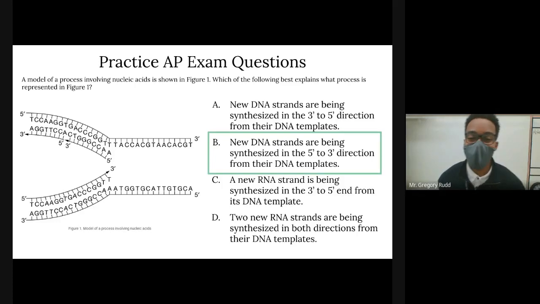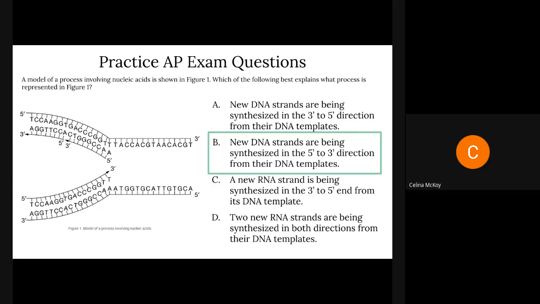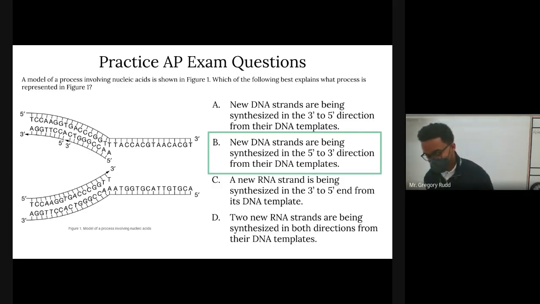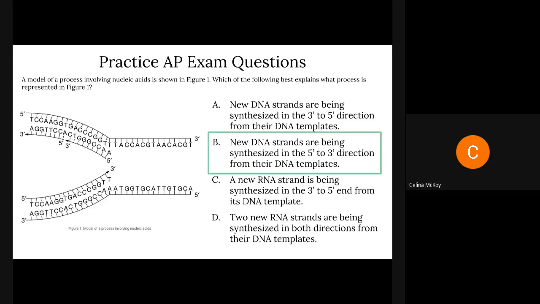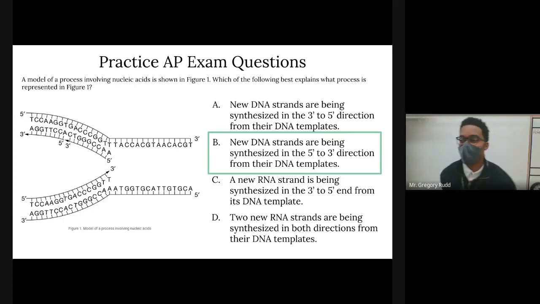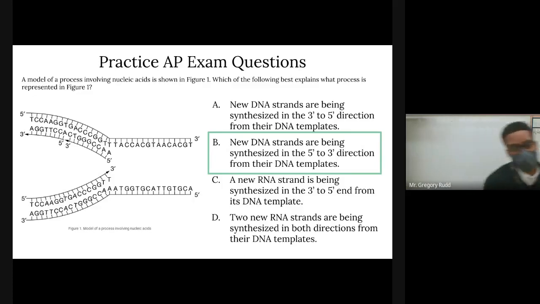Look at the direction it's going. Literally look at the arrow. But I thought that couldn't work. We always, yesterday what I told you was that, okay, so that's the lagging strand.